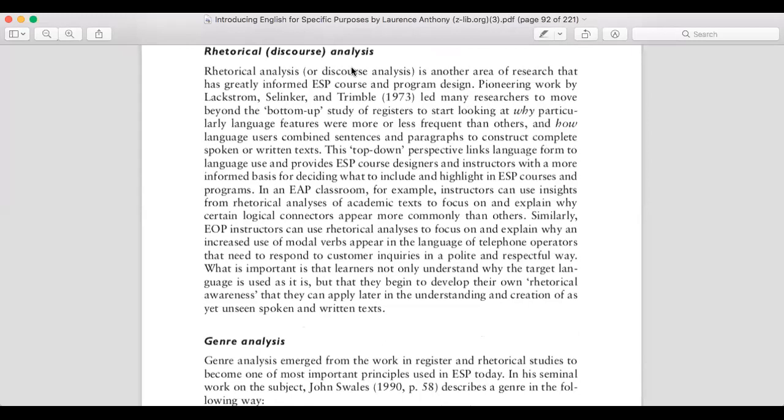Now, why do we need to look for those characteristic sets of language elements through register analysis? Because we are trying to design a course or a syllabus for people who would be part of a specific profession, or we might be doing it for EAP, okay?